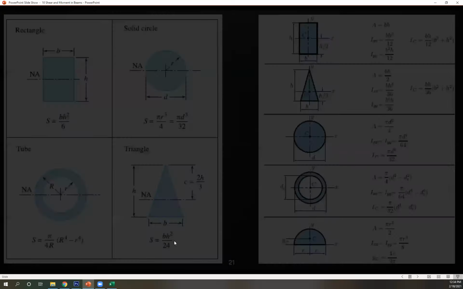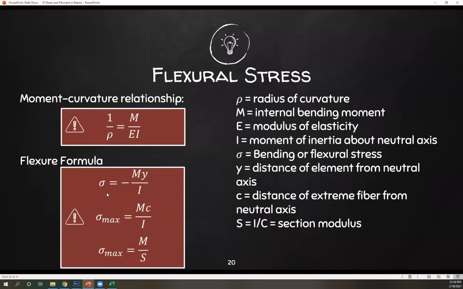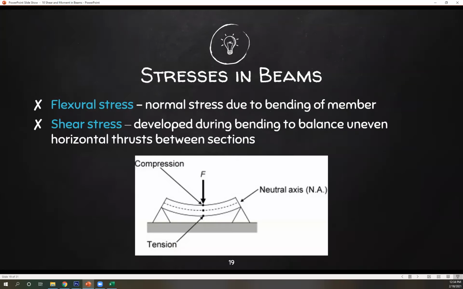Well, that's because this negative sign denotes whether your stress is in tension or compression. Okay? So a negative stress means your stress is in compression. Your positive stress means your stress is in tension. Because look here at your beam. If your beam bends this way, at the top, points get closer together, meaning they're compressed.